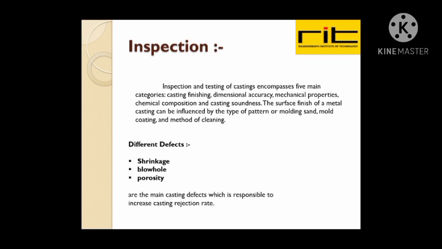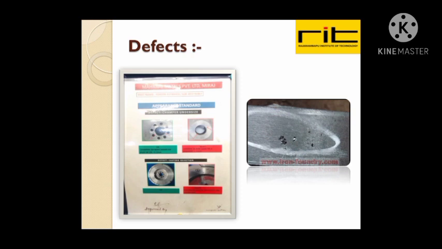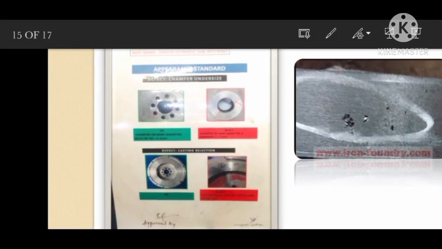Different defects like shrinkage, blowhole, porosity are the main casting defects which are responsible for increasing the casting rejection rate. See the defect images. In the first image, see the chamfer undersize.